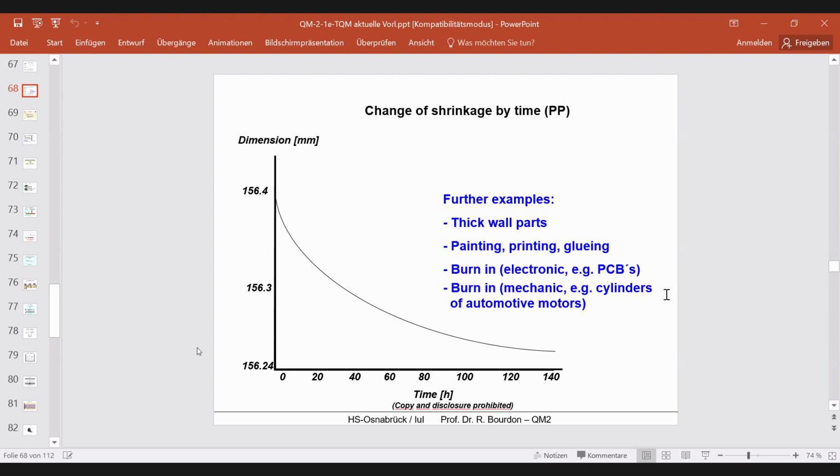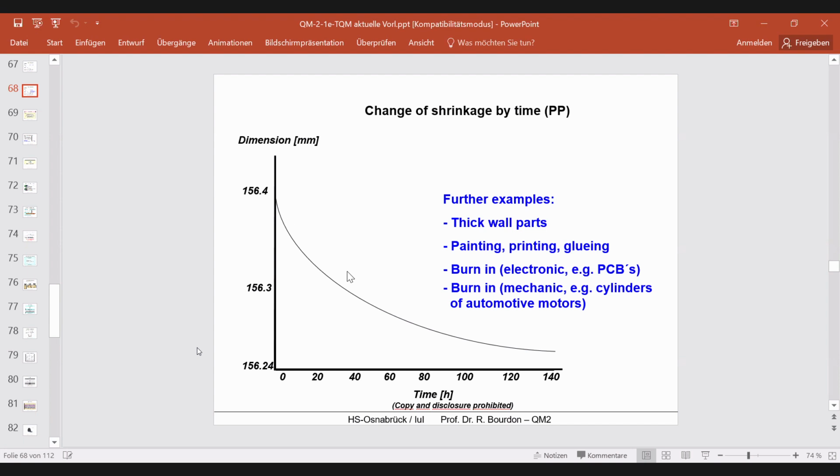Also mechanical parts. If you think of motors for cars, the cylinders of automotive motors, they also have a burn-in process, which lasts several hours. And only after this time, after this burn-in process, you can take measurements on the product.